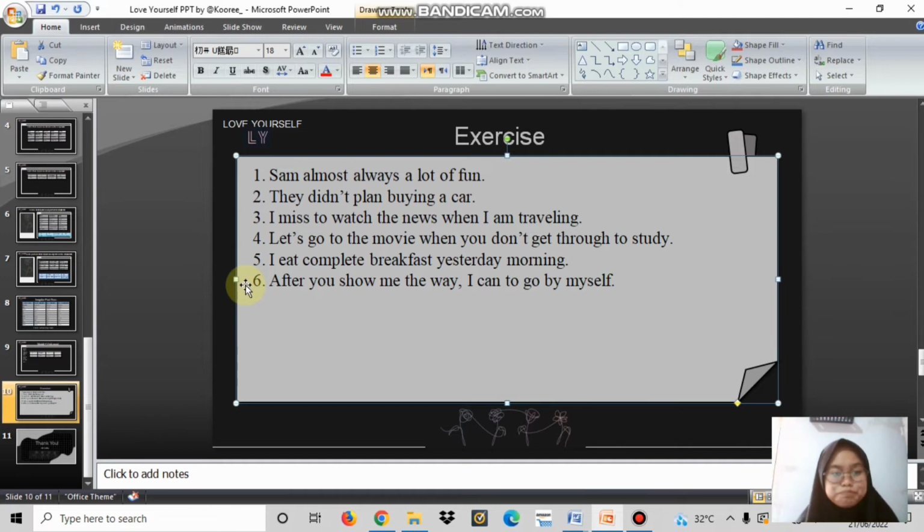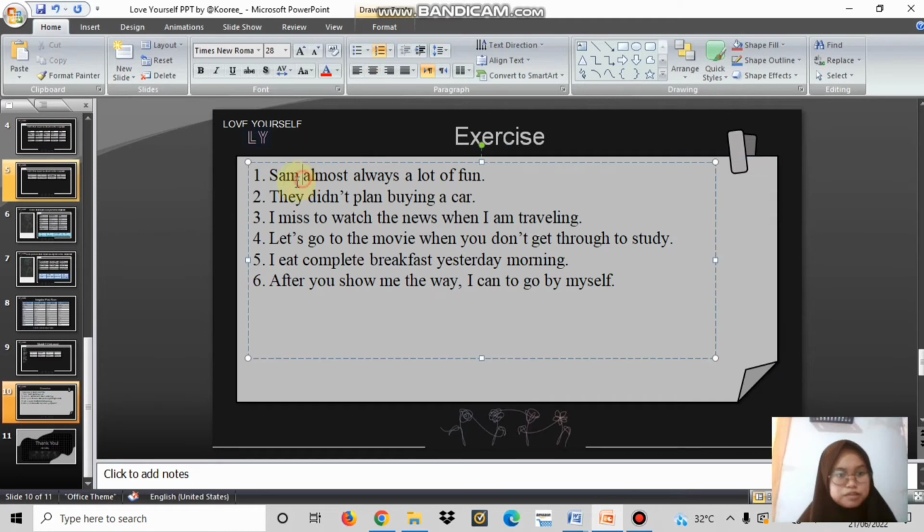Okay, number 1, Sam almost always a lot of fun. So the first thing is that a sentence must have a subject and a main verb. So we first determine the subject. The subject is Sam, and the verb, and here there is no verb.